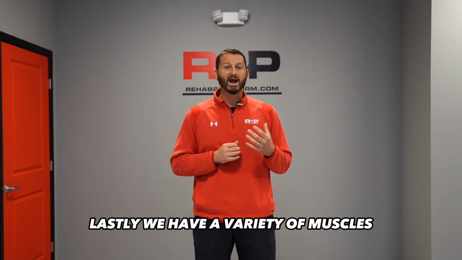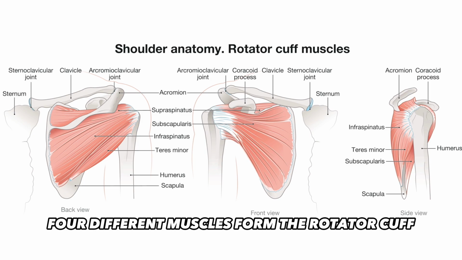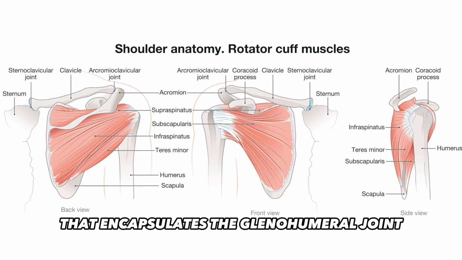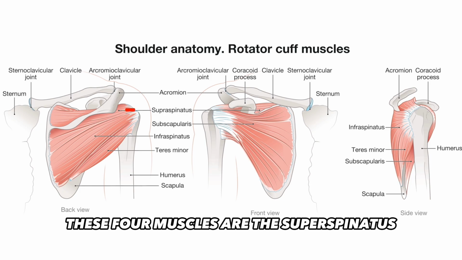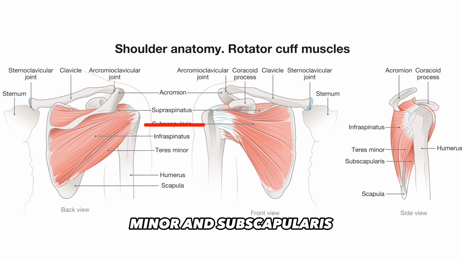Lastly, we have a variety of muscles that surround the shoulder joint itself. Four different muscles form the rotator cuff, and the rotator cuff muscles share a common tendon that encapsulates the glenohumeral joint. These four muscles are the supraspinatus, the infraspinatus, the teres minor, and subscapularis.